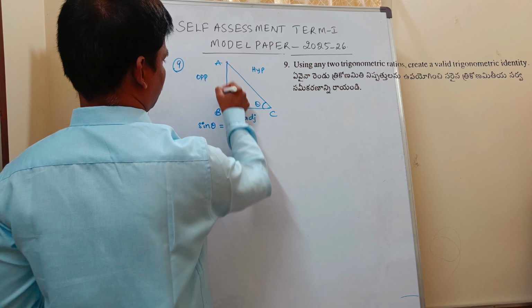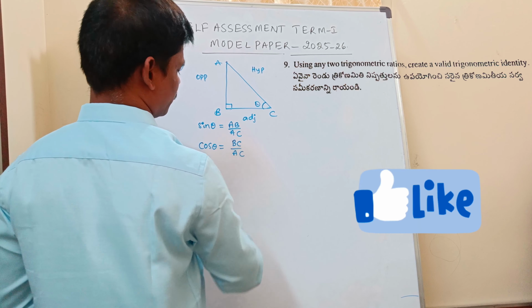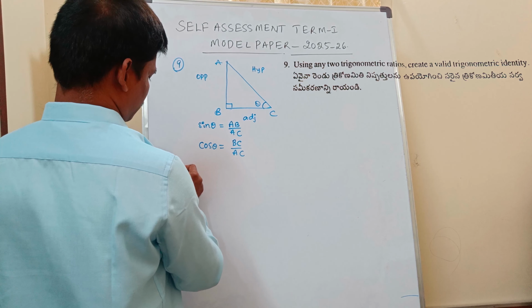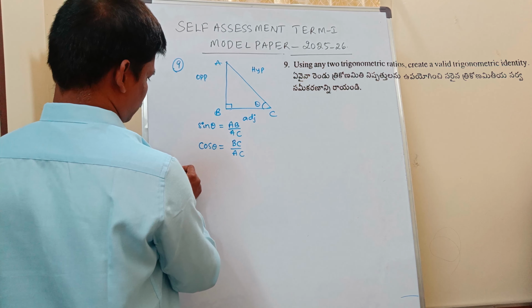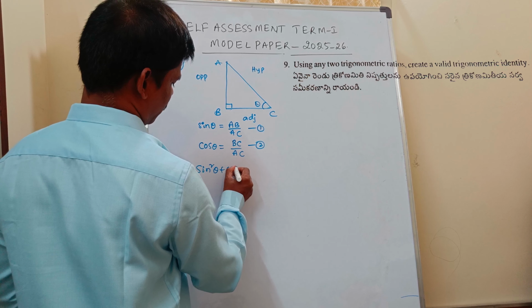So AB by AC. In the same way I take cos theta. Cos theta is adjacent side by hypotenuse, means BC by AC. Okay. So take these as equations 1 and 2. From 1 and 2, I take sine square theta plus cos square theta.